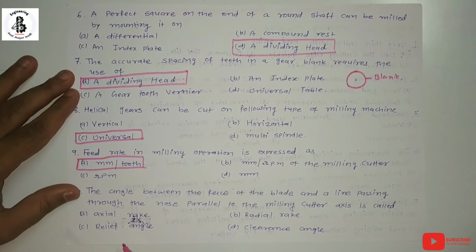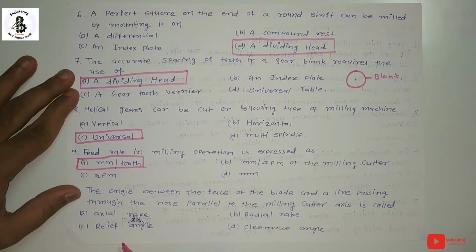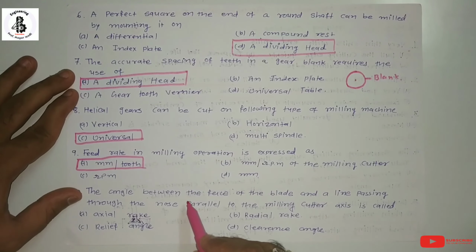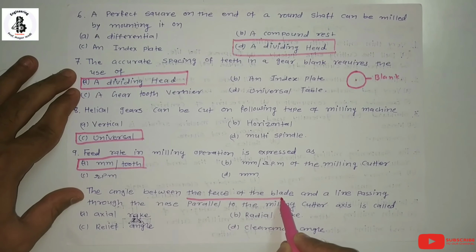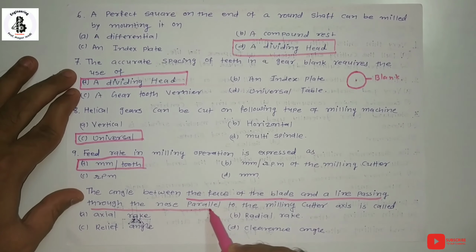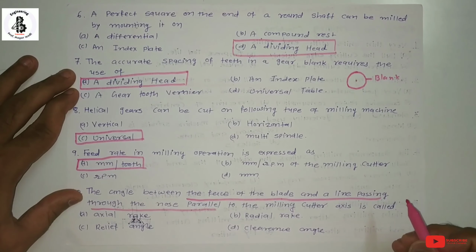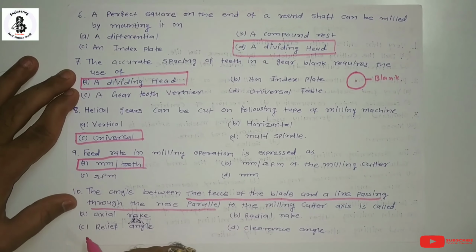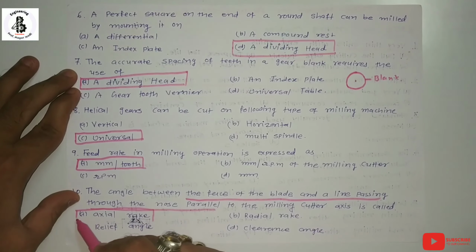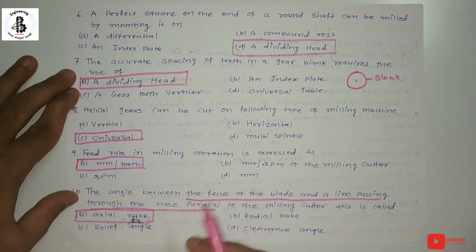So from the nomenclature of milling cutters, the axial rake is the angle between the face of the blade and the line passing through the nose, which is parallel to the milling cutter axis. So that will be called the axial rake. So the right answer is option A.